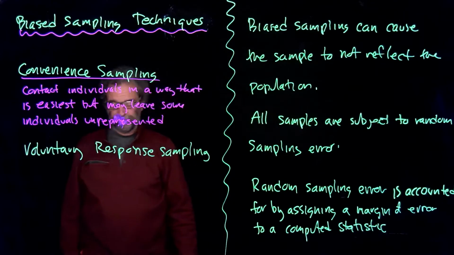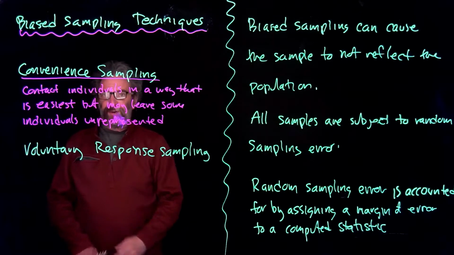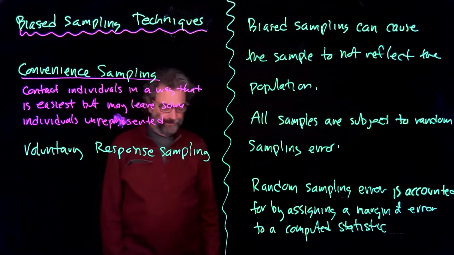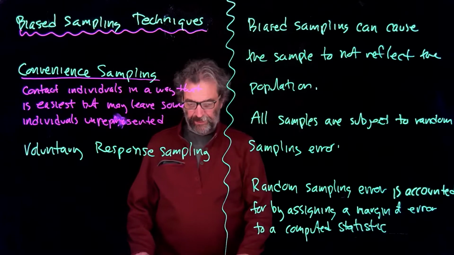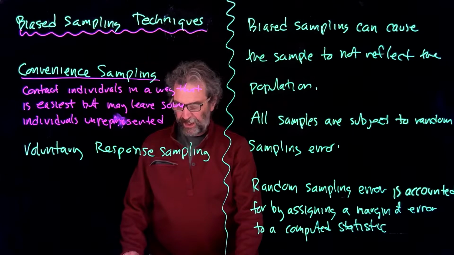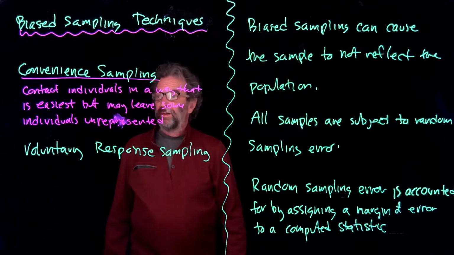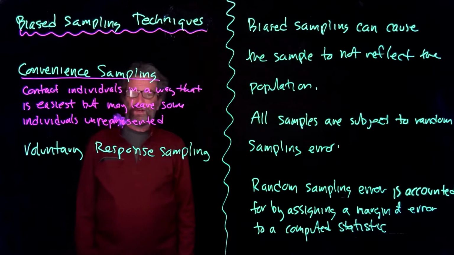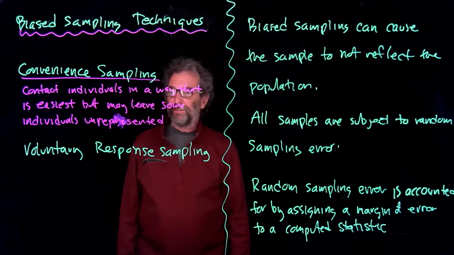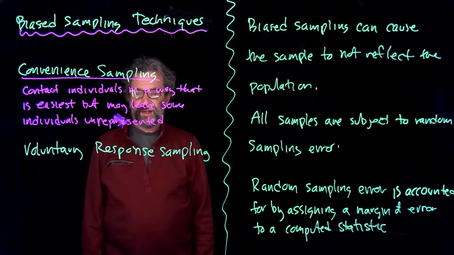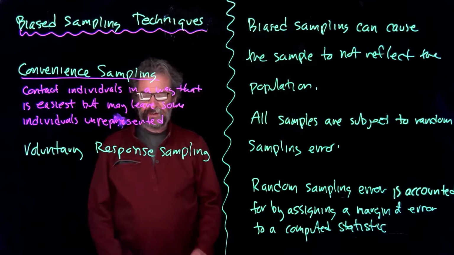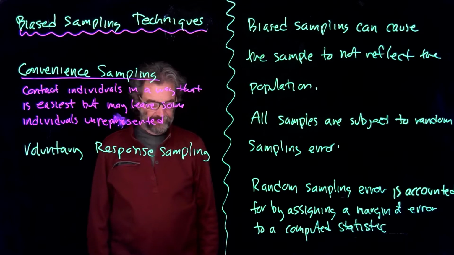So maybe you're trying to figure out the outcome of an election, and maybe what you do is you go and you stand outside the grocery store, and you have your little clipboard, and you ask folks as they come in the store, can you answer a few questions about how you're going to respond to these ballot issues that are coming up at the election?